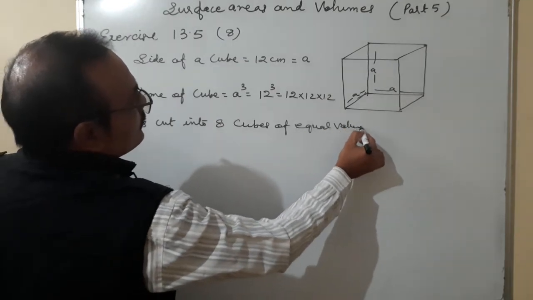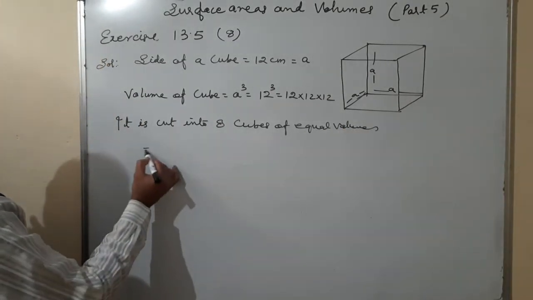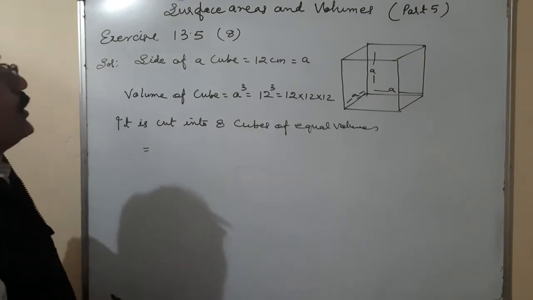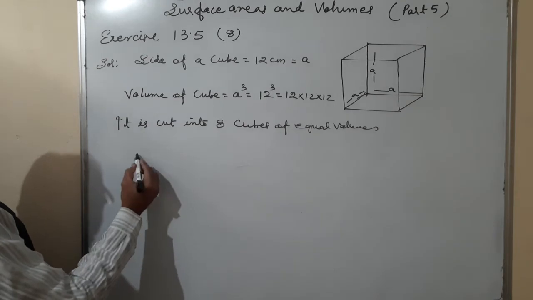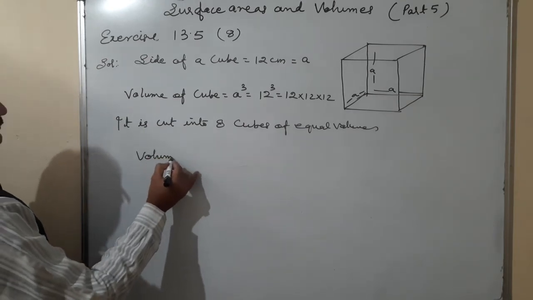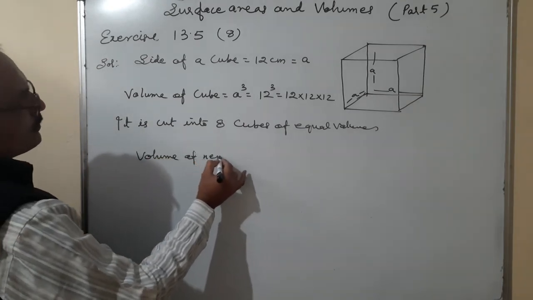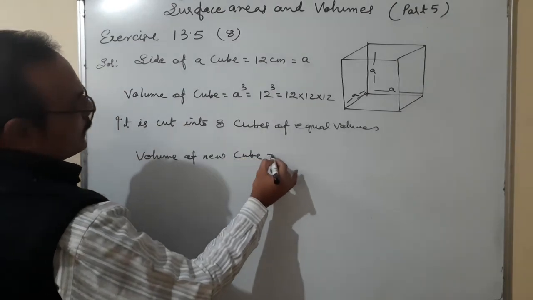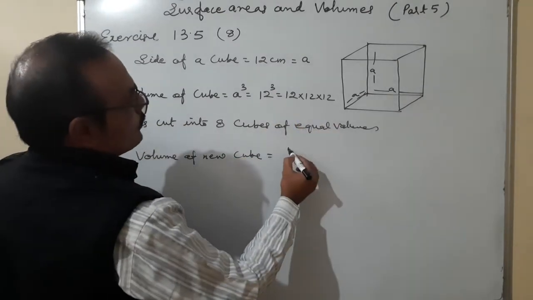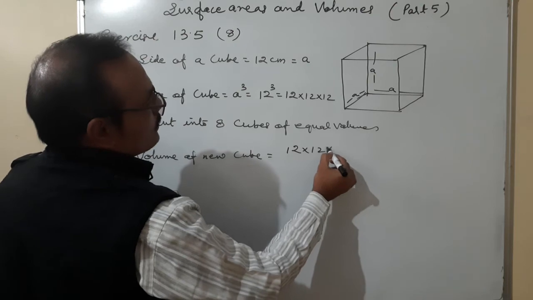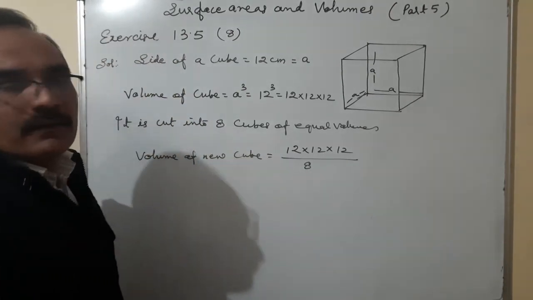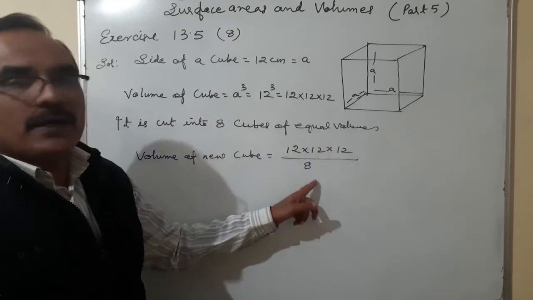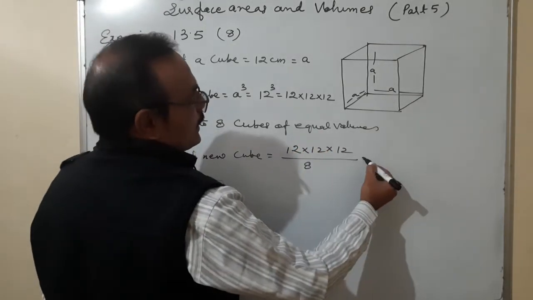Of equal volumes. What does it mean? It is cut into 8 cubes of equal volumes. That means the volume of the new cube is equal to, earlier the volume was 12 into 12 into 12, divided by 8. If you divide it by 8, then what happens?